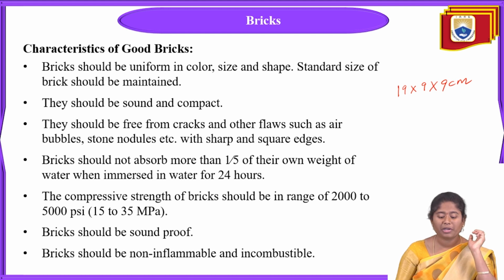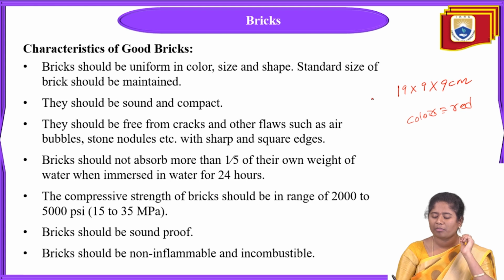That's why this brick should be uniform in color. Color is nothing but red. This is the color for the bricks. And next one is size. Size is nothing but 19 by 9 by 9 centimeter. And shape is nothing but rectangular shape.